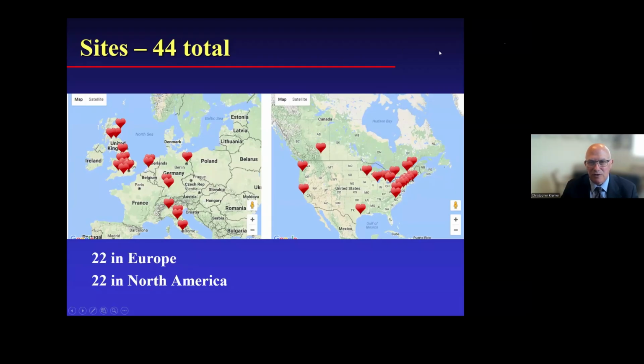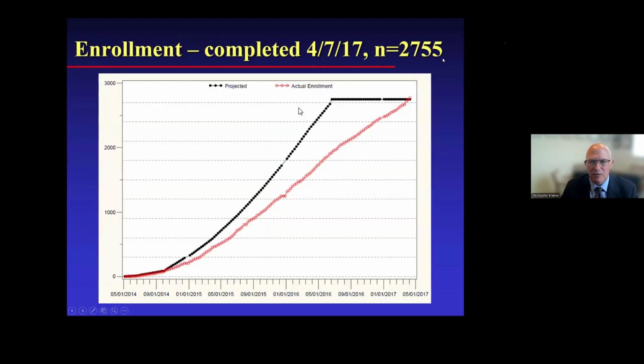It took us 3 years, a little longer than we'd hoped, but in the end, we ended up with 2,755. So we overshot a little bit, which was good because it turned out that 5 patients had non-HCM related genotypes. So they were pulled out of the study, those 5 patients. So we ended up with the number we had planned for, which was 2,750.